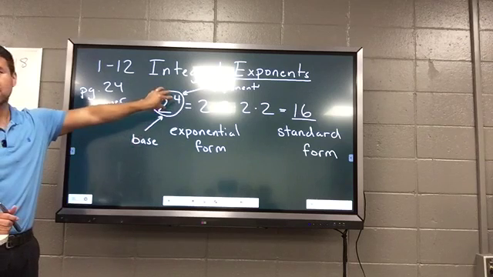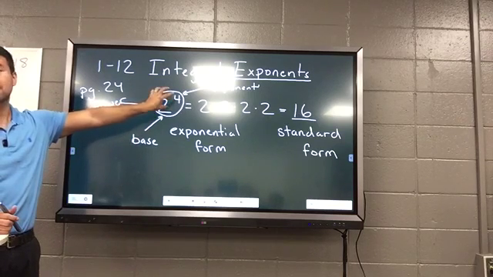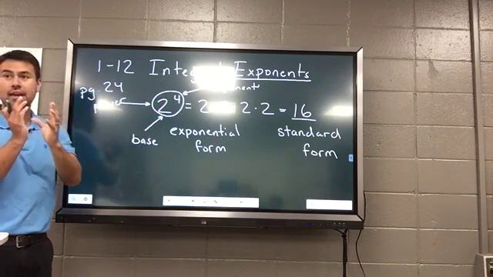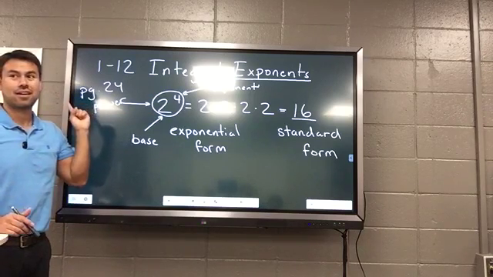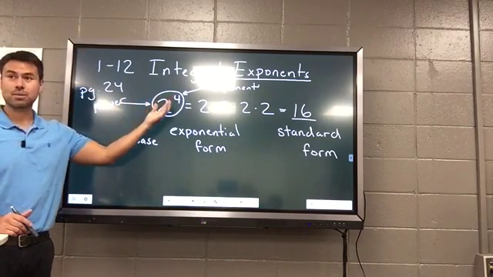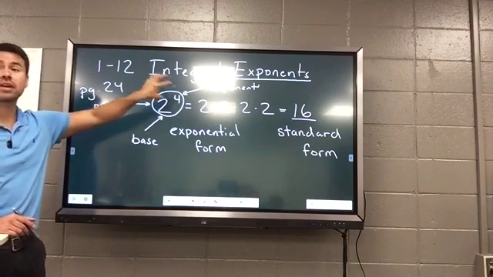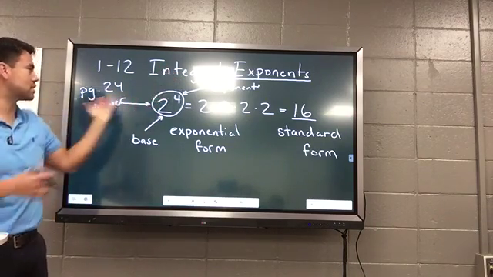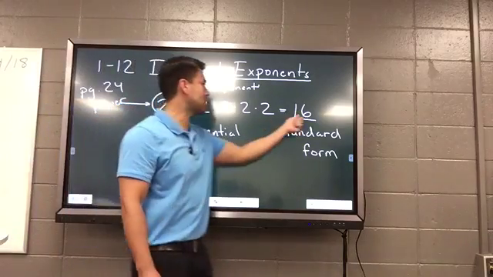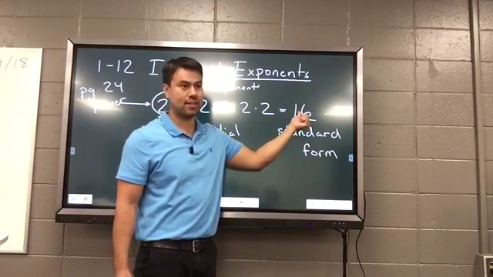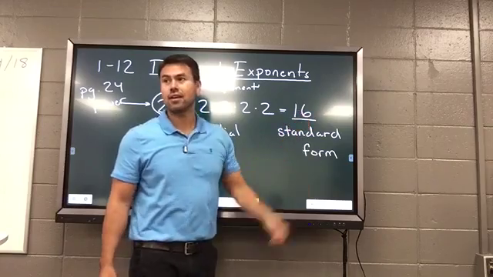Sophie, what's the whole thing called? 2 to the 4th power. So what do we call that? We call the whole thing a? Exponential. Okay, it's written in exponential form, but the whole thing's called a power. So this is written in exponential form, but it's called a power. Hagen, what's this written in? Standard form. Standard form. Okay.